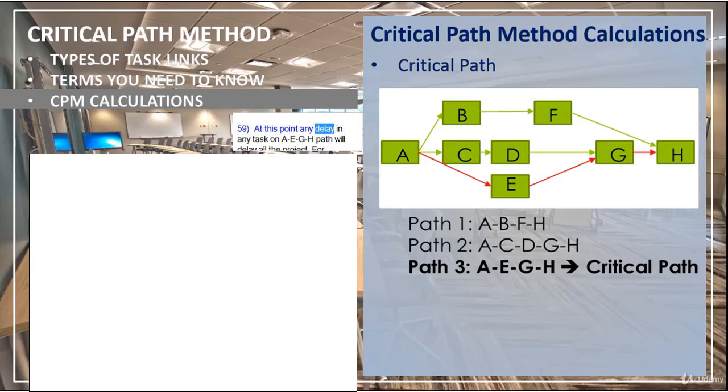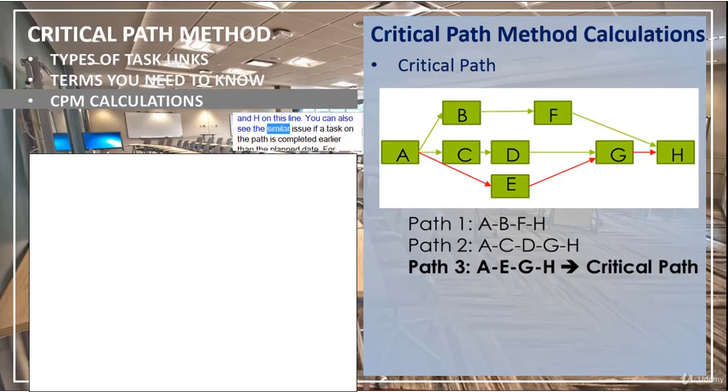At this point, any delay in any task on the AEGH path will delay all the project. For example, if task E delays for 3 days, the project will be completed 3 days after the original deadline. A similar situation applies to tasks A, G, and H on this path.